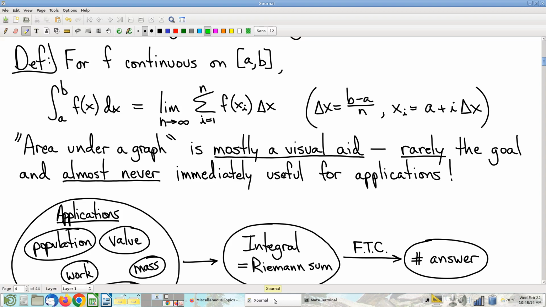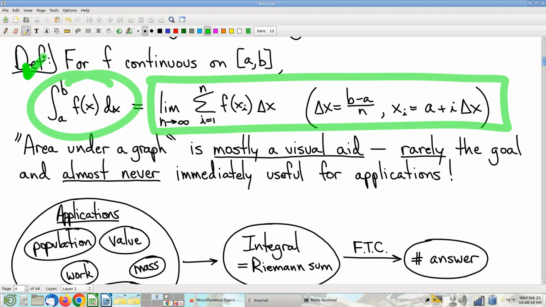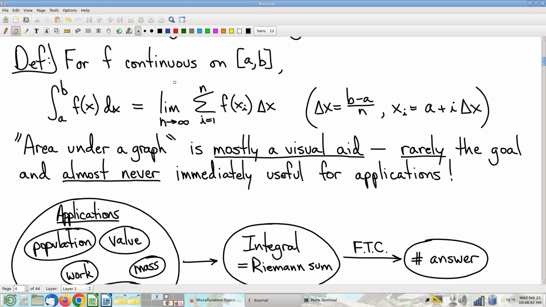Reminder though, an integral is defined as a Riemann sum. This is the definition of an integral for our purposes in this course. Please do not think of an integral as a construction whose primary goal or task is to compute areas. It's really not. It's rare that what we actually want to compute is the area under a graph.